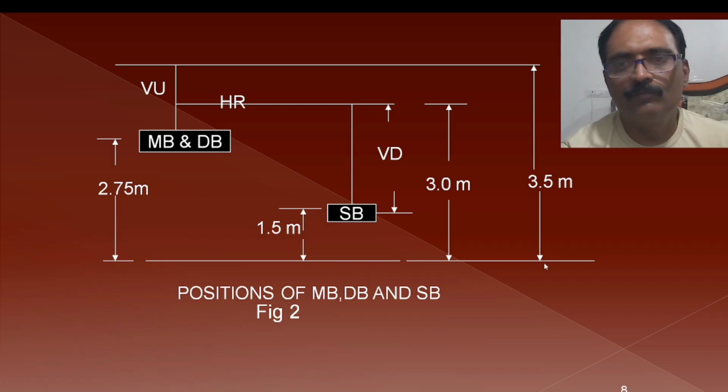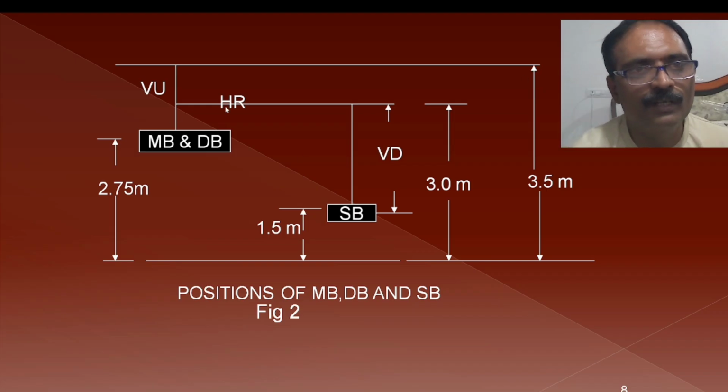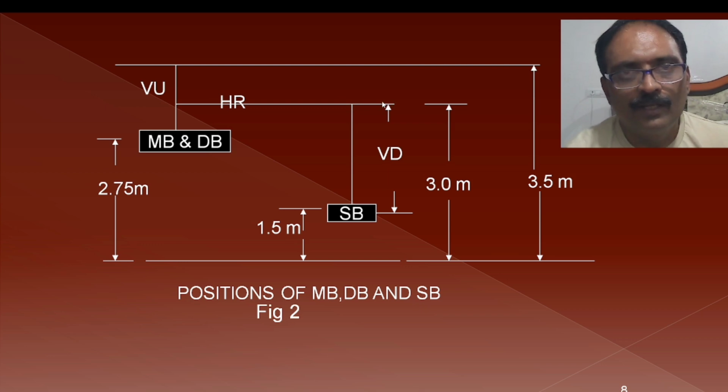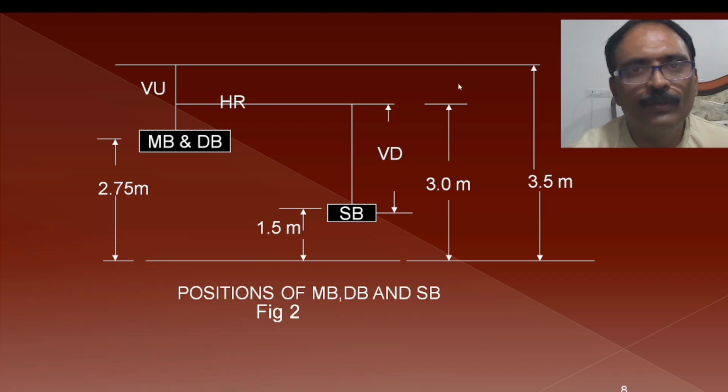The height of the room is 3.5 meters, and horizontal run means the PVC conduit which is run in a horizontal way. Generally this will be situated at 3 meters from the floor. So here we are going to have a gap of 0.5 meters as a vertical up.